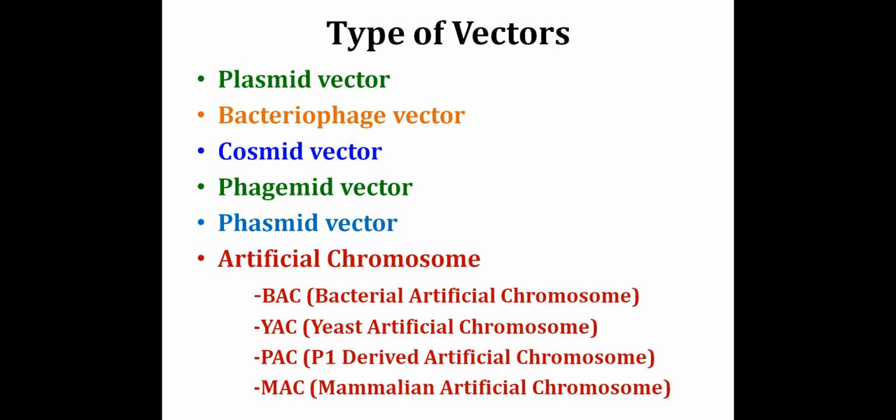Some examples are plasmid vector, bacteriophage vector, cosmid vector, phasmid vector, and artificial chromosomes like BAC, bacterial artificial chromosome, YAC, yeast artificial chromosome, PAC, P1-derived artificial chromosome, and MAC, mammalian artificial chromosome.